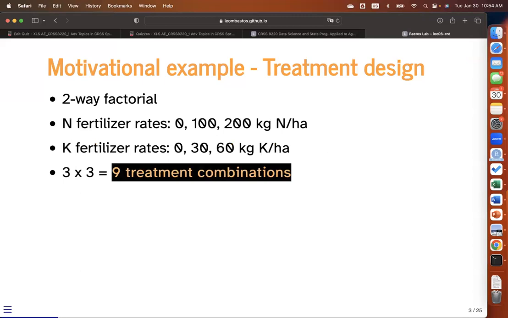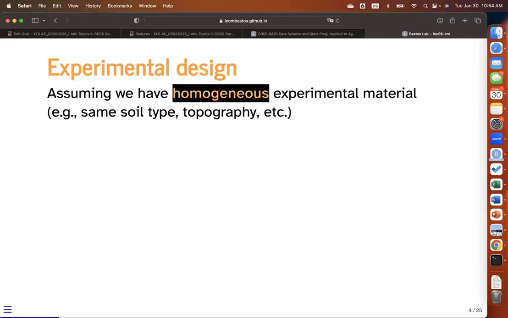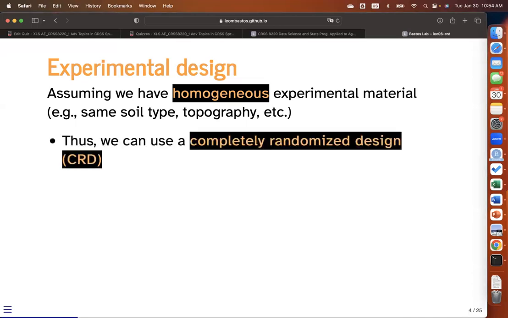We concluded that if we wanted to explore both the main effects and the interaction, we needed all treatment combinations, which gives us 9 treatments total. And assuming that we have homogeneous experimental material, so same soil type, topography, no temperature gradients or anything like that, we could use a completely randomized design.